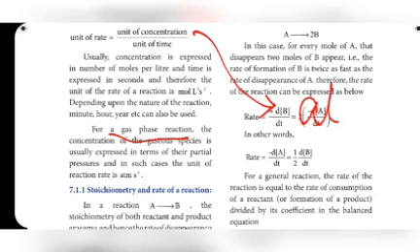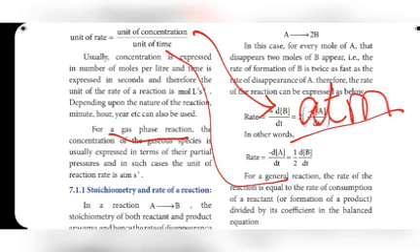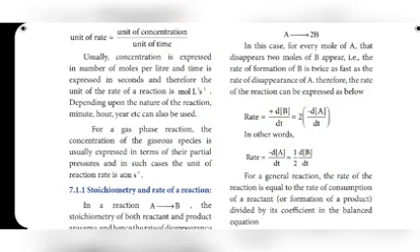It is indicated by atmospheric pressure, atm, divided by the unit of time, second. So atmosphere per second.